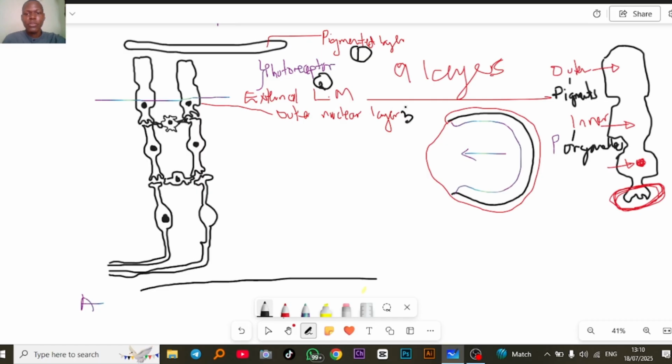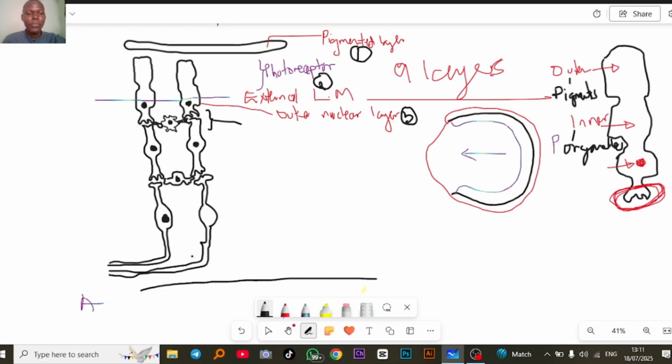The fourth layer will be this layer here, where we have the synapses between the photoreceptors and the next layer of cells, which we are seeing here, the bipolar cells. You can easily tell that whatever is near the choroid will be considered the outer, and whatever moves towards the vitreous humor will be called the inner.